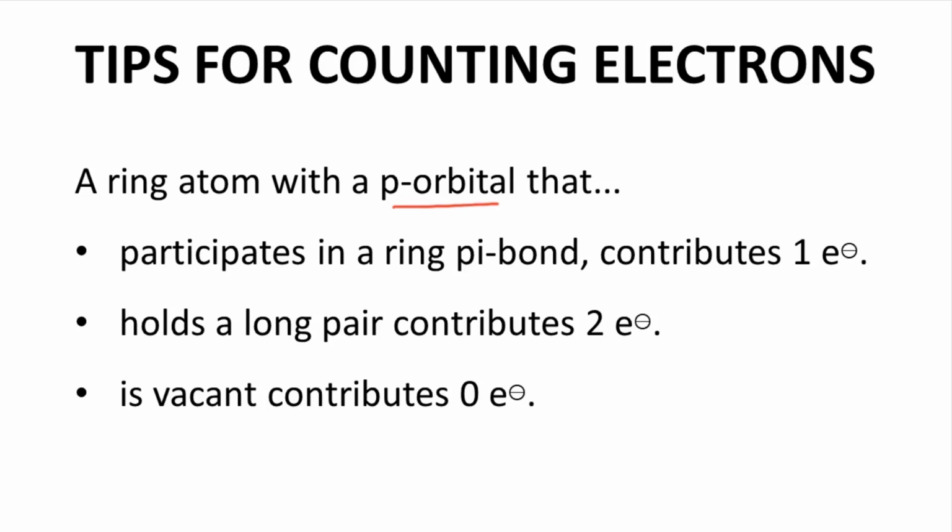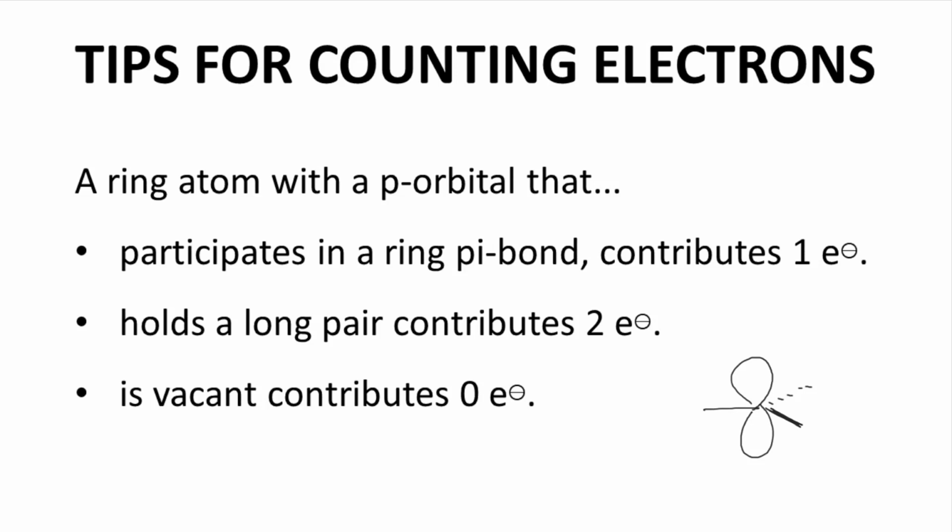Here is our p orbital on an sp2 hybridized atom, with 3 hybrids in the trigonal plane of the atom. If the p orbital is part of a pi bond in the ring, then the atom contributes 1 electron. Most people would say that the pi bond contributes 2 electrons, 1 from each atom in the bond.